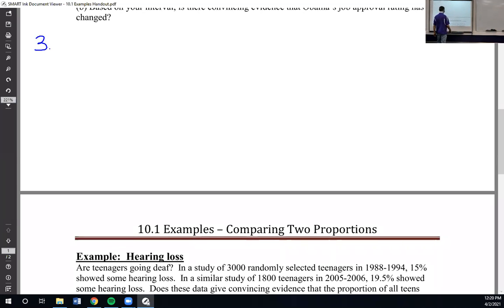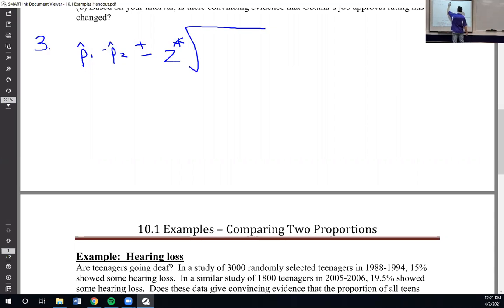Step 3, our formula. Since we're doing a confidence interval, it's going to be the parameter that we're estimating, or a statistic that we're using for an estimate. So that's p hat 1 minus p hat 2, plus or minus our critical value, so that's our z-score, times the standard deviation of the statistic.